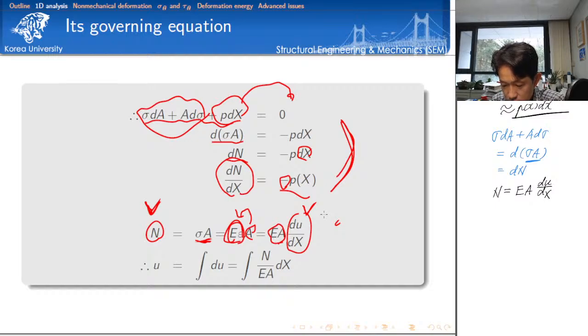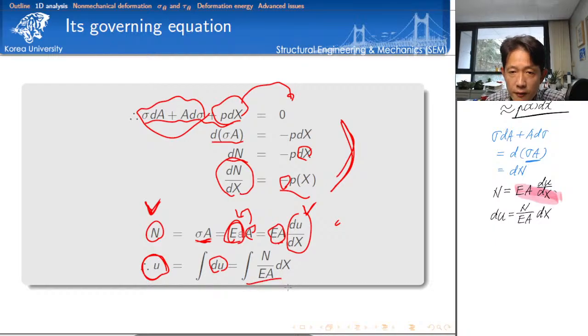Now let's move this to the left hand side. Then du is equal to the internal force divided by these quantities, times dx. That's why the displacement field, the function of displacement, can be obtained by integrating du over the member.